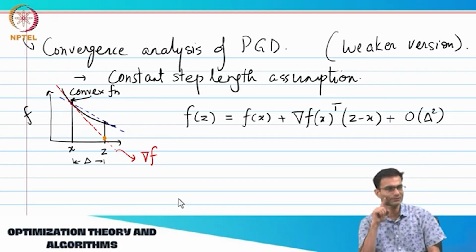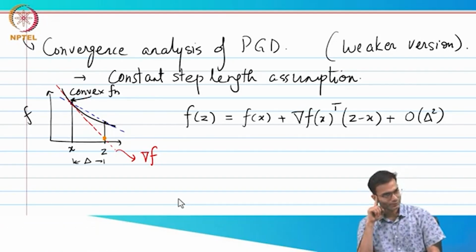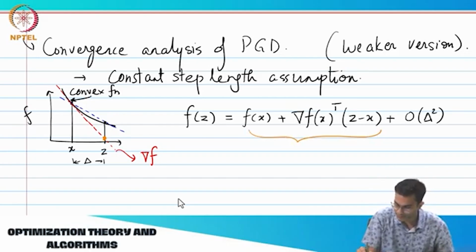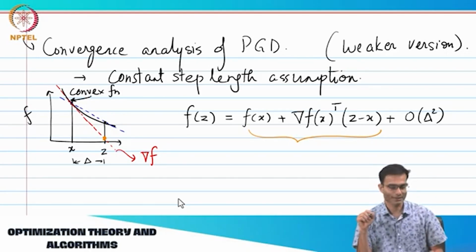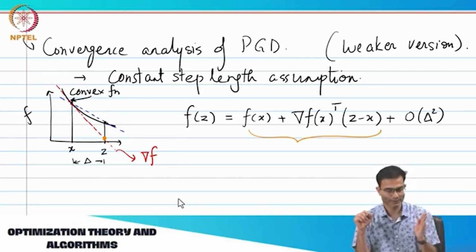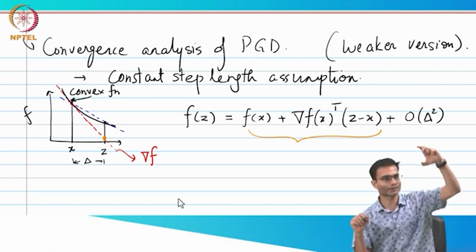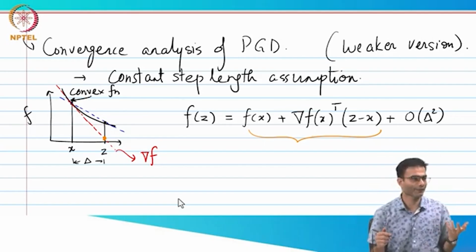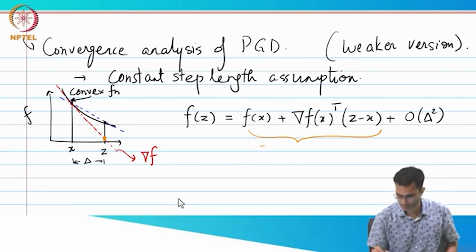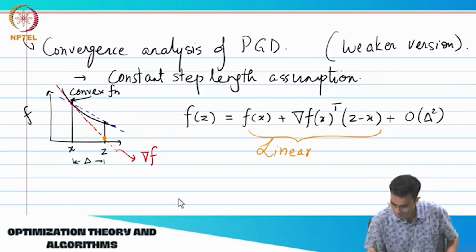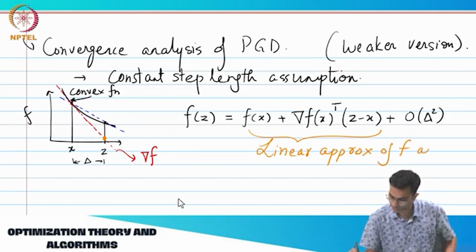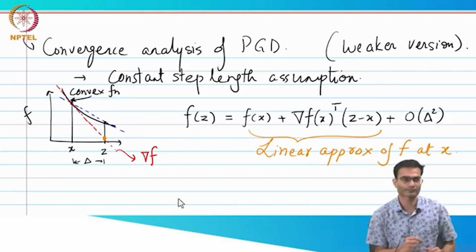Are we missing something? Actually, this point is this whole thing: this tangent plus f of x. I have to move that tangent up. So this is the linear approximation of f at x.